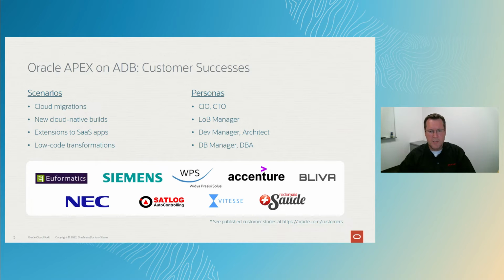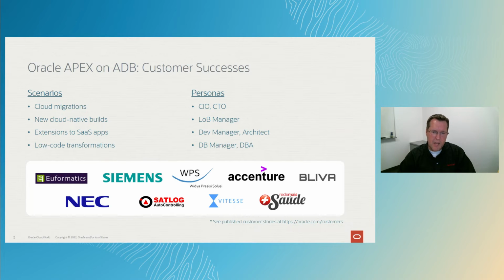This is interesting to a whole variety of users and user personas too. Lots of interest from the executive suite, from CTOs, CIOs, that type of persona, who are hearing about low-code and interested in low-code, and perhaps have heard of Apex usage already in their business.